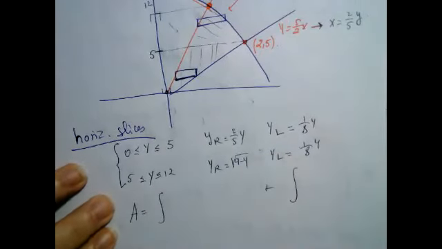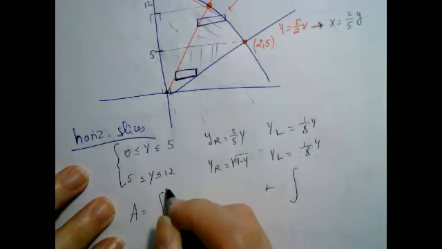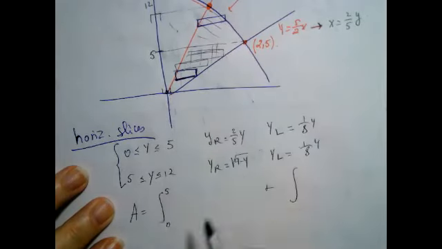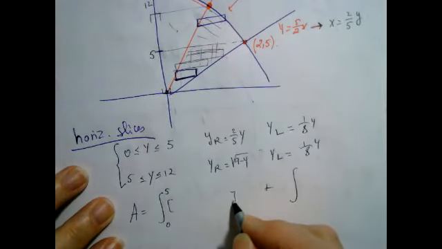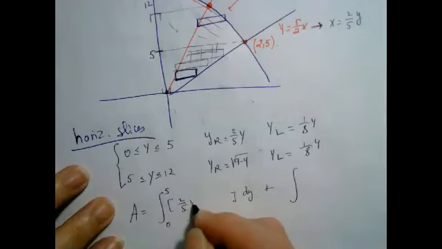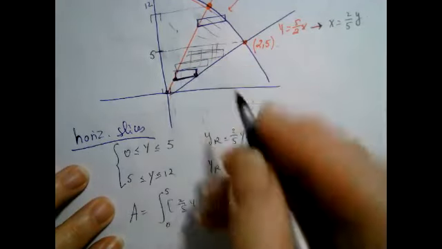And now the area. The limits are from 0 to 5. That's the first one, because to cover this region, I have to divide the interval from 0 to 5. Help me out. It's 2/5 y minus 1/8 y, the right value minus what's here, dy.